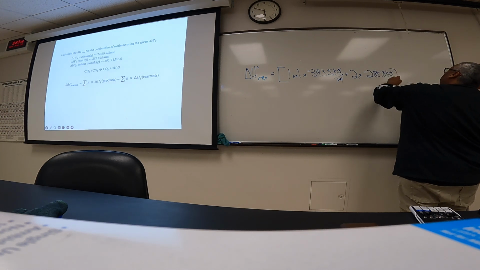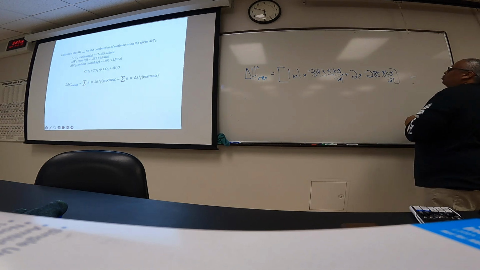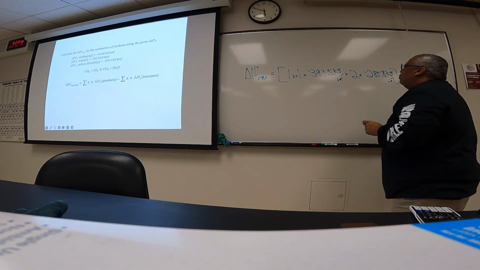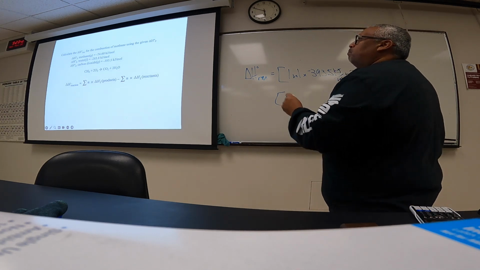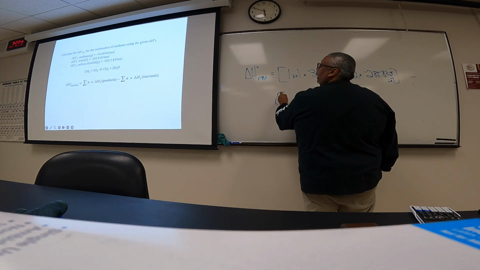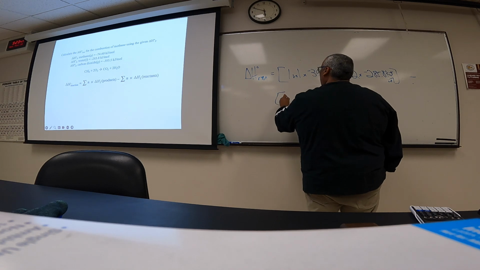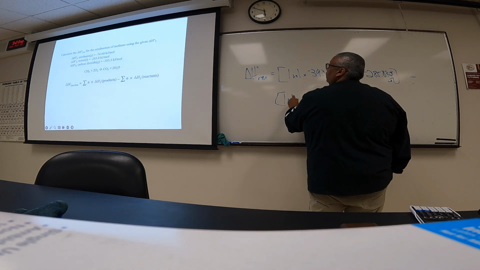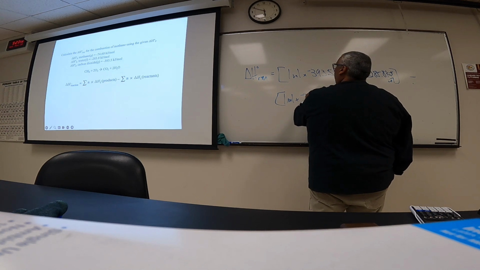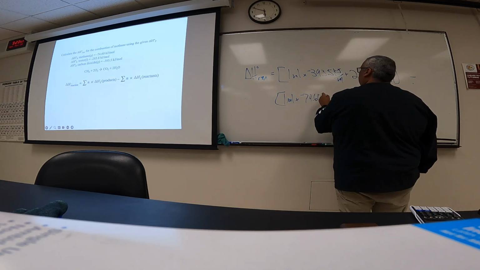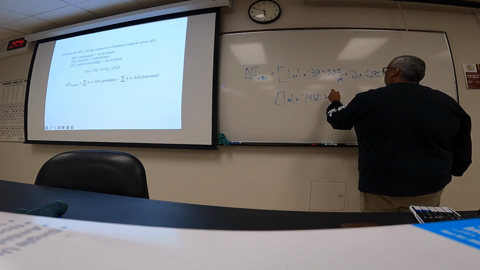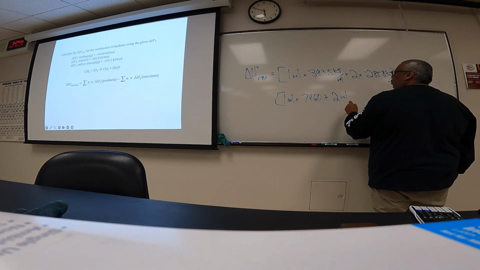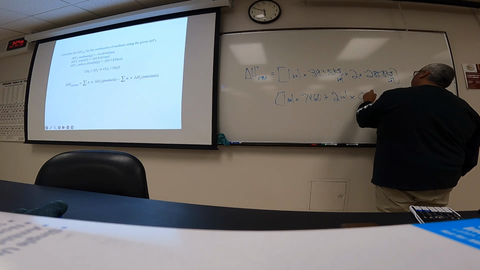And we're going to subtract products minus the reactants. I'm going to write our reactants down here. One of the reactants is methane, negative 74.60. So we're going to have 2 of those. Nope, just 1 of those. So 1 mole times negative 74.60, plus 2 moles times 0 kilojoules.